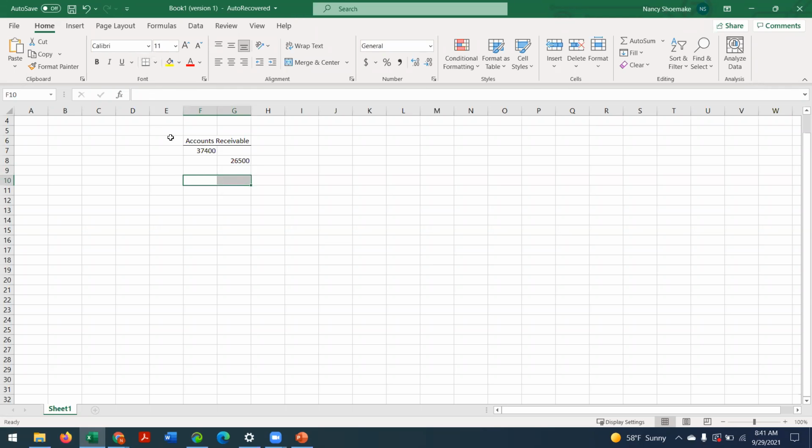So 30% of the 37,400. 30% of 10,900 is not going to be collected. What would 30% of 10,900 be? Wouldn't it be 3,270?